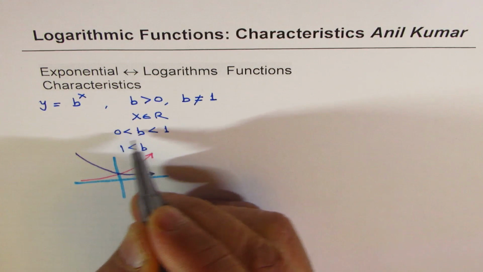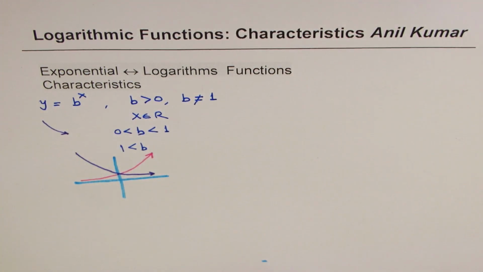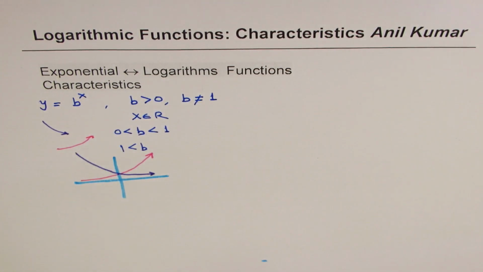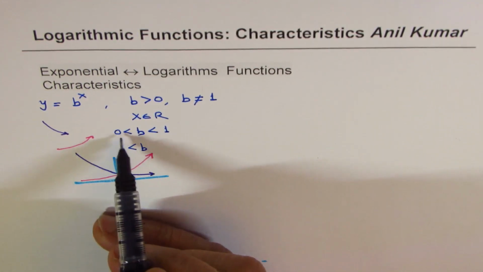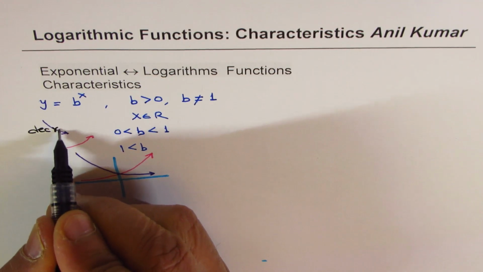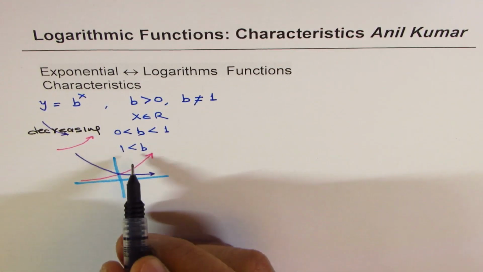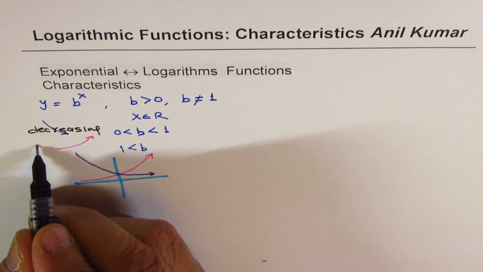When b is between 0 and 1, we have a decay graph, and when b is greater than 1, we have growth. Correct? So let me write here. When b is between 0 and 1, you see it is always decreasing, right? However, if the base is greater than 1, in that case, it is always increasing.